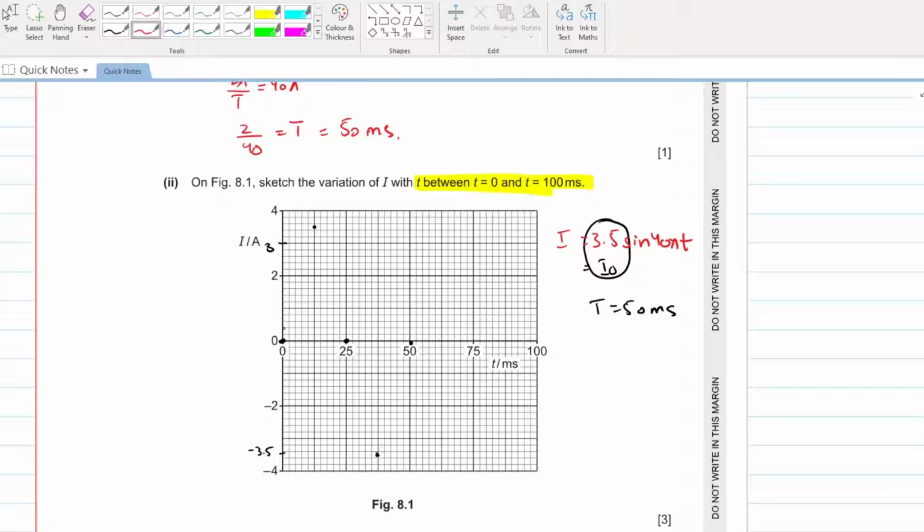Can you plot a graph between these points? Yes, you can do that. This is your graph. You can replicate it one more time because we have to draw the current variation for time t equal to 0 till 100 milliseconds.